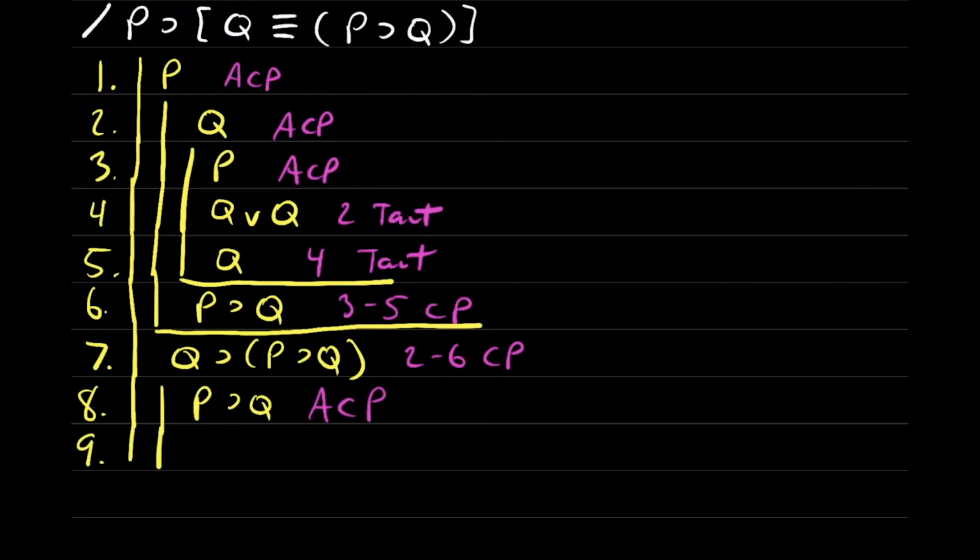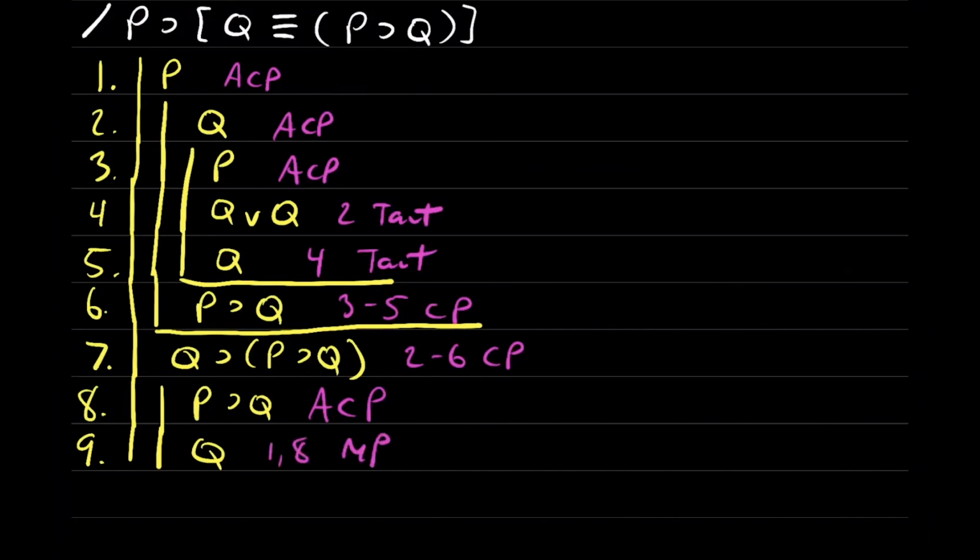This should be really straightforward, actually. If we're trying to get Q, we have P implies Q on line 8. We can still use line 1 because we're still inside the scope of that sequence, and we haven't closed that off yet. So I can do modus ponens, and that will give me Q. From line, let's see, line 1 and 8 by modus ponens.